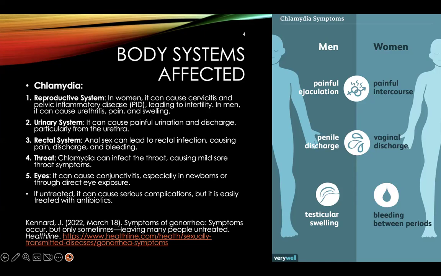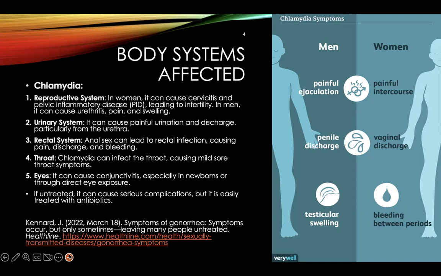The rectal system is also affected, and this happens through anal sex, which can lead to rectal infection, causing pain, discharge, and bleeding. The throat can be affected by infection, causing mild sore throat symptoms.